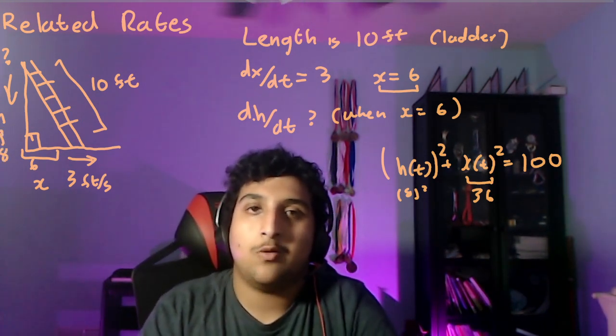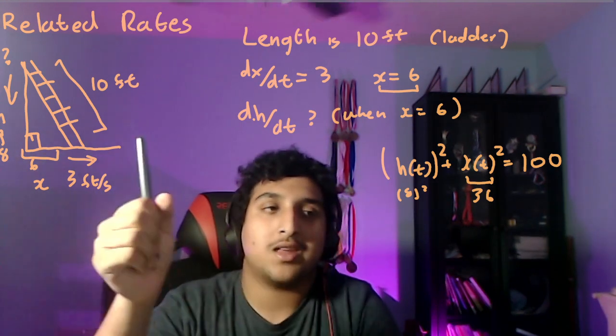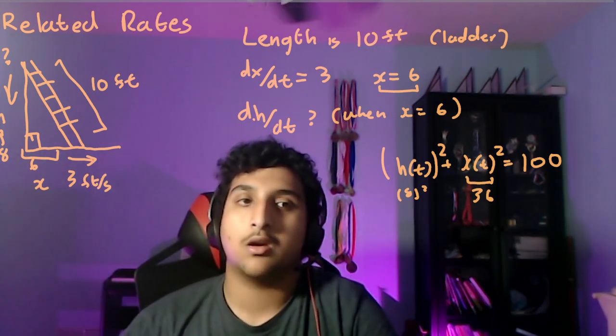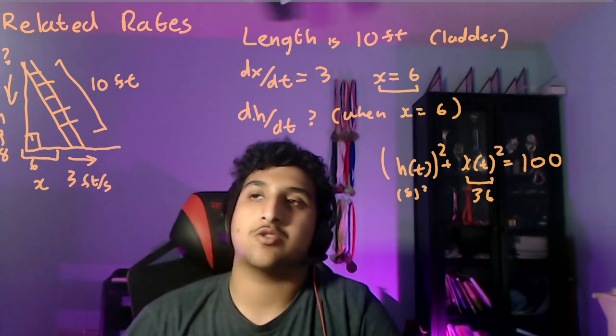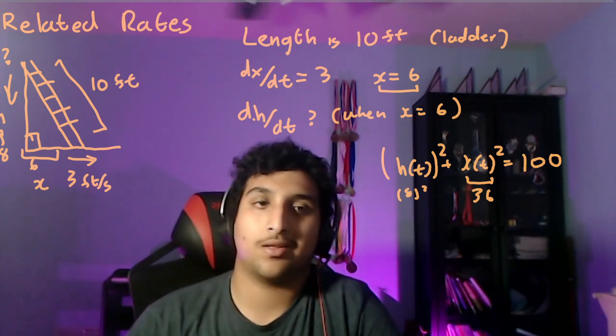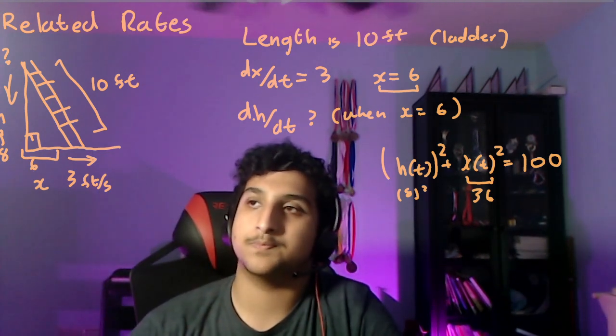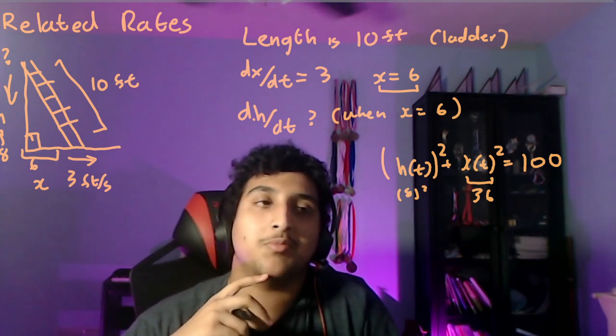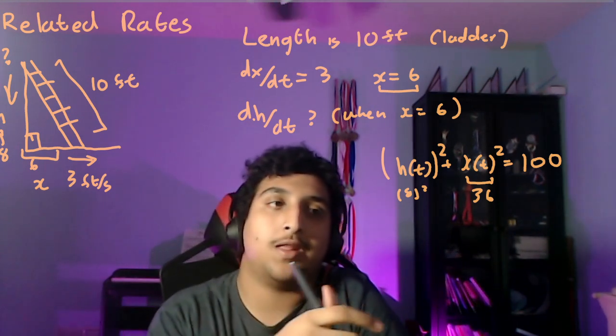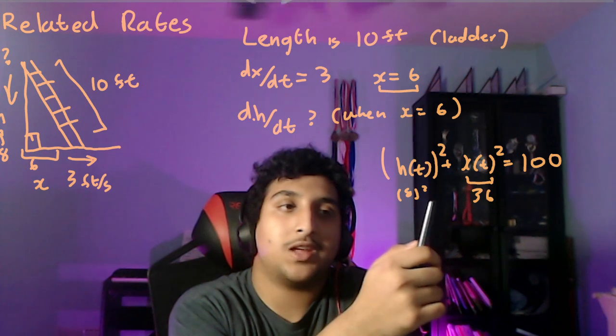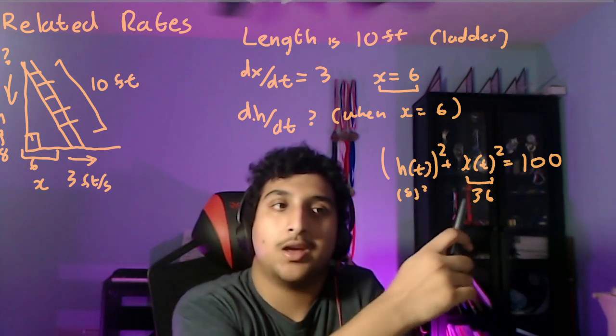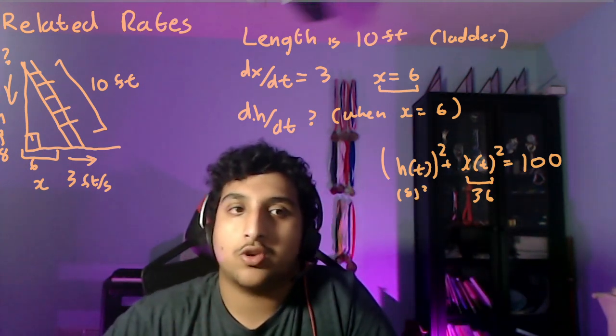Now we notice that this is a 6, 8, 10 triangle. But we know h, and we want to find the change in h, right? Well, we learned something called implicit differentiation, right? We have h of t squared plus x of t squared equals 100.